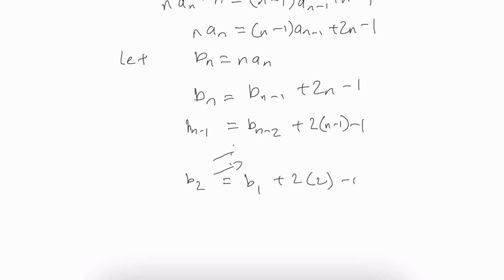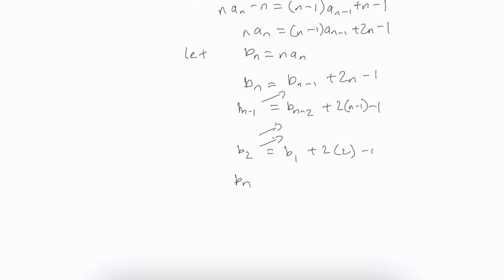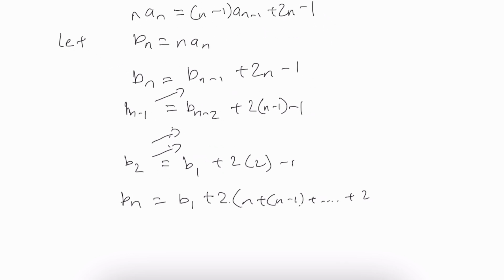And so if you back substitute everything, you'll eventually get that b sub n is equal to b sub 1 plus 2 times (n plus n minus 1 all the way till 2), and then minus, we'll have n minus 1 of these, or n minus 1 minus 1s.